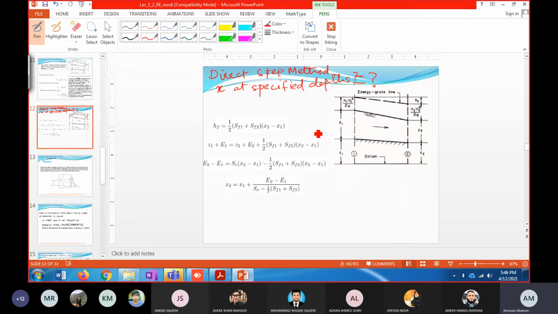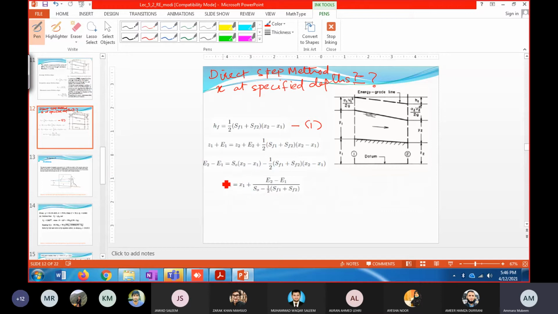So the first equation you'll be using is this, and the second equation, this equation would be used to determine head loss. The second equation is the energy equation. Okay, this is the same equation which has been shown in the previous slide.